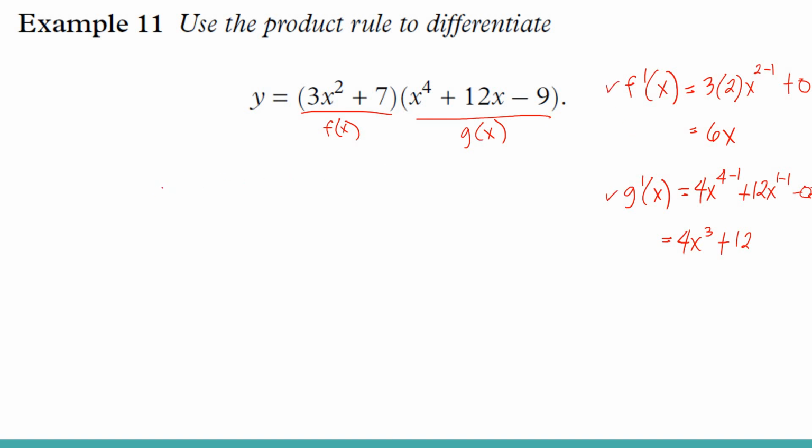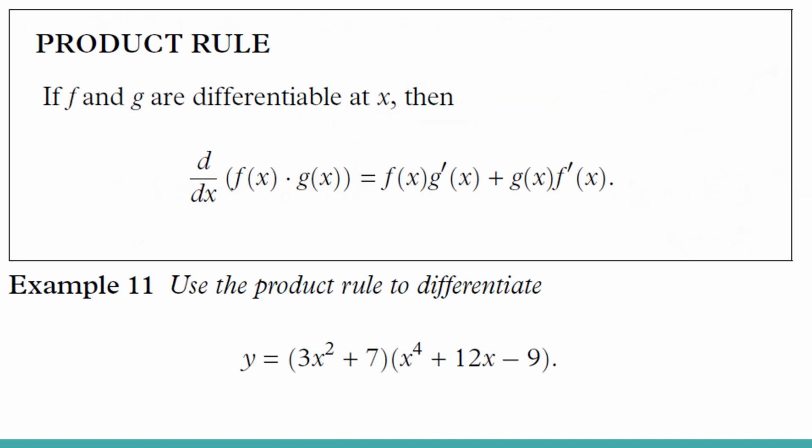And using the product rule to differentiate, y prime equals f of x times g prime of x plus g of x times f prime of x. So equals, let's check.